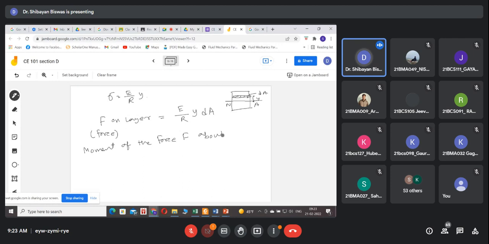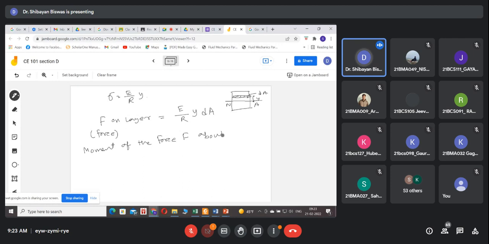Now this is the moment of the force F about NA, but this is only for the layer, right? As this force is on the layer, so only this elemental layer when we are considering. So the moment of the force on the elemental layer about the neutral axis is this.